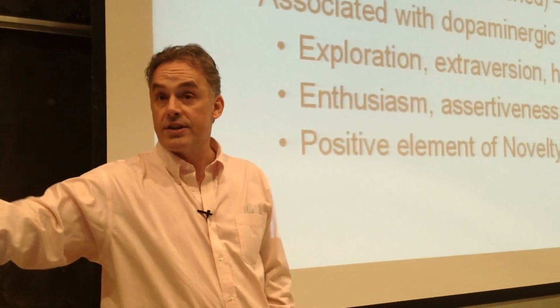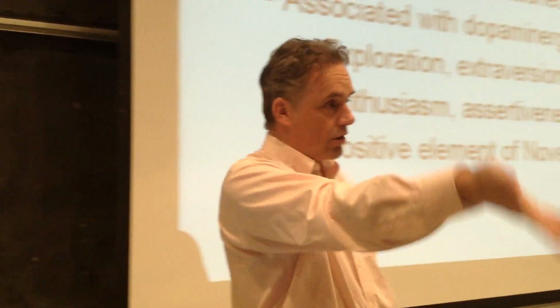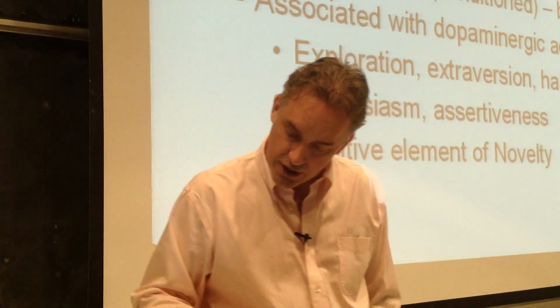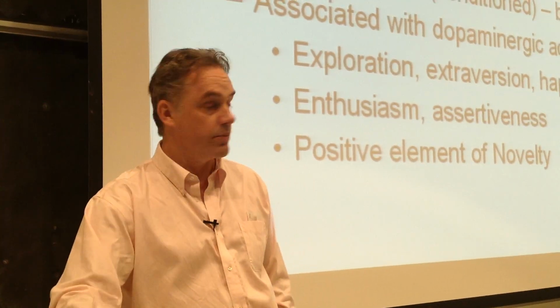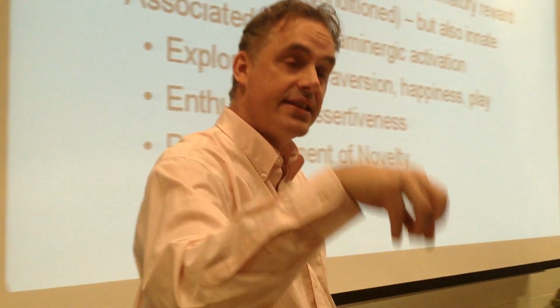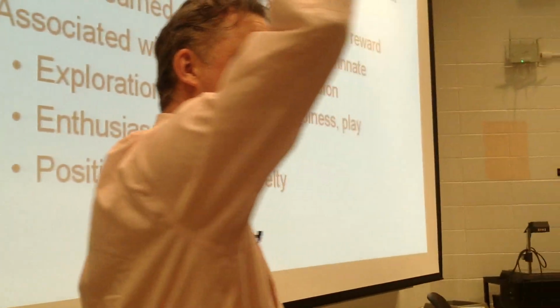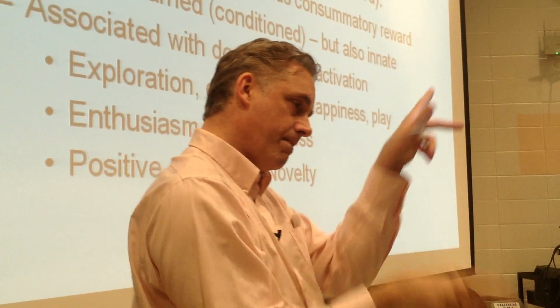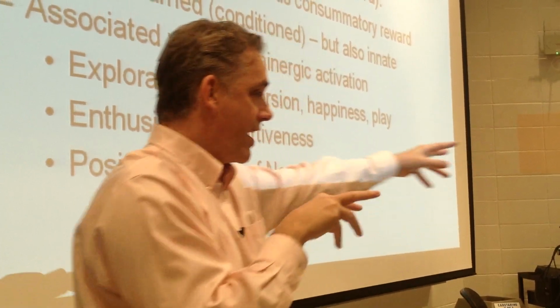Conditioned rewards or incentive rewards indicate progress towards a consummatory reward. They can be learned or conditioned, but they can also be innate, and they're associated with dopaminergic activation, and that's the exploration circuit that comes out of the hypothalamus. Half the hypothalamus does goal specification, and the other half does exploration.